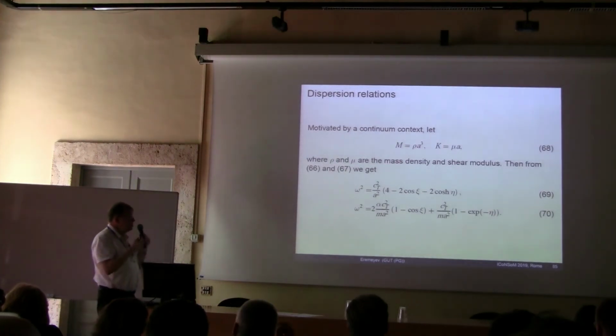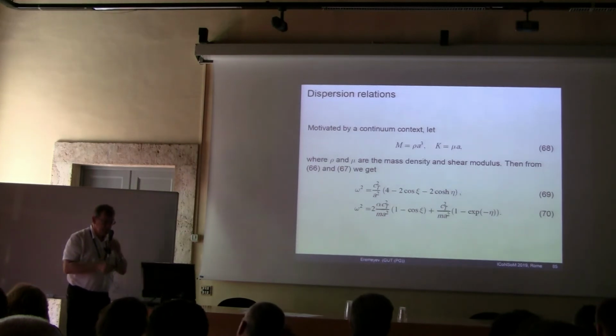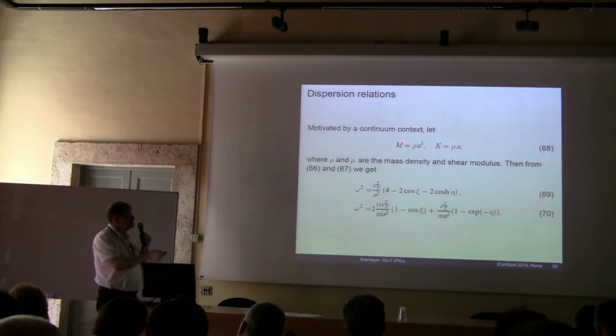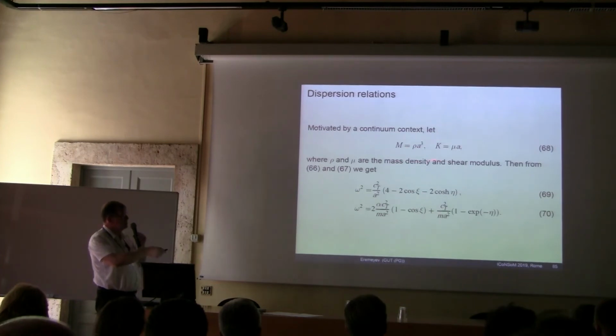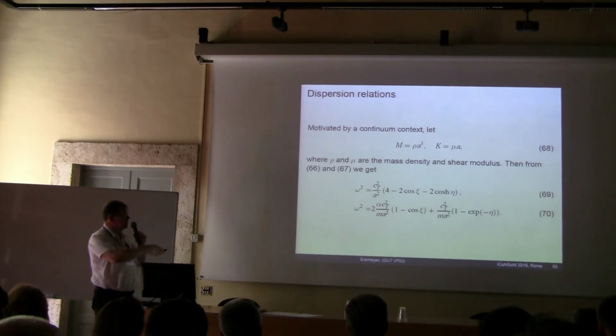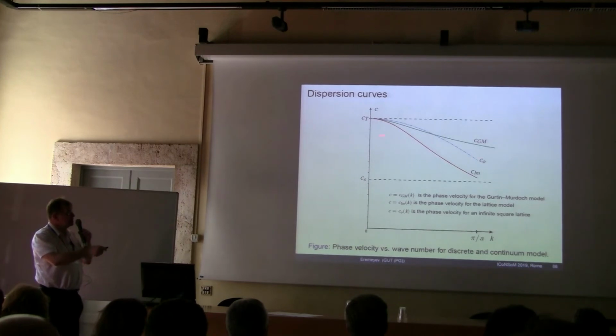To capture the behavior, we first assume that our mass relates to parameters in the bulk, and we try to connect the stiffness of bonds with shear modulus and mass with the density. We obtain this form of dispersive relations, and we can see that they are quite similar.